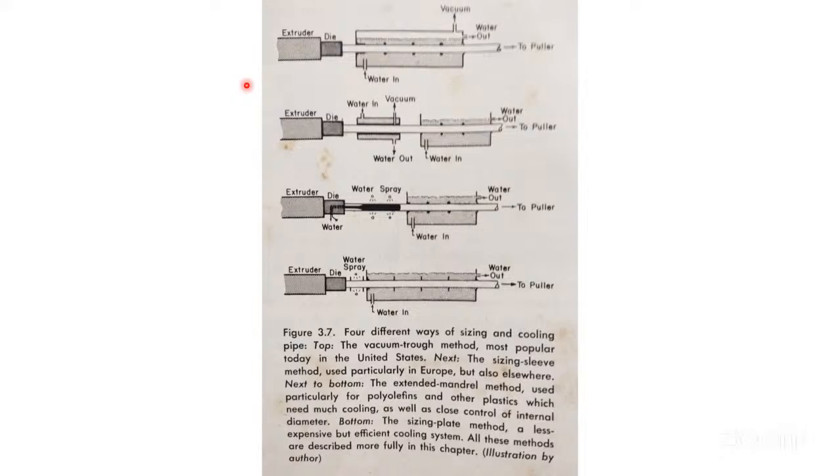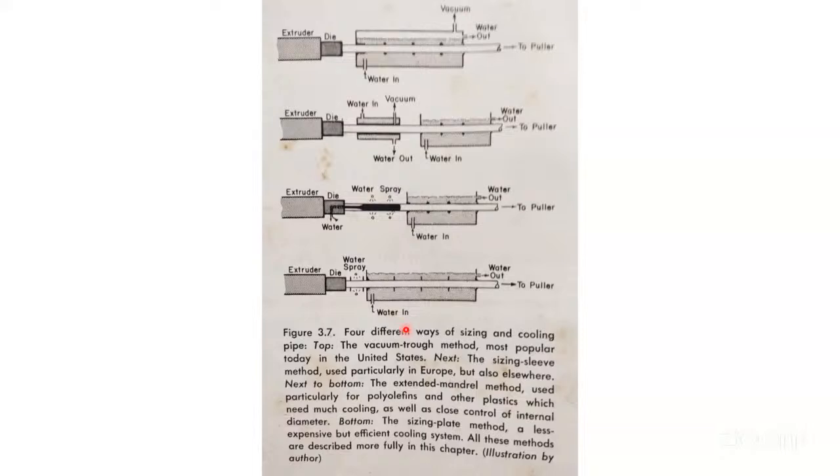Yes, sir. See, these are the sizing techniques: 1, 2, 3, 4. Vacuum trap, then sizing sleeve, then extended mandrel, and this is the sizing plate method. I told you, for a very big pipe you can use this big diameter. If you want outside shining, you use this method. If you want inside shining, then you can use this method.